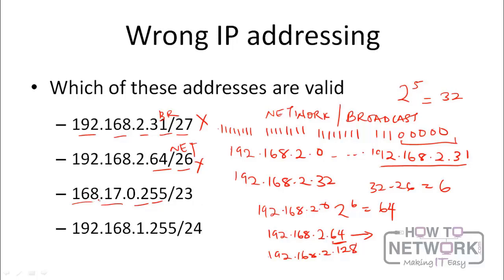Now, the third option says 168.17.0.255/23. Normally, when you see a .255, you would assume that it's a broadcast address, but look at the subnet mask. It's a /23, and what that means is that you have 23 ones.